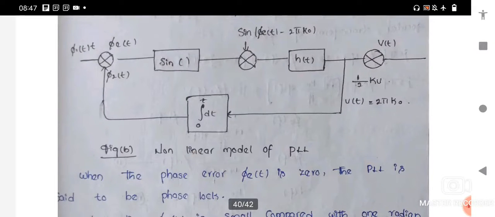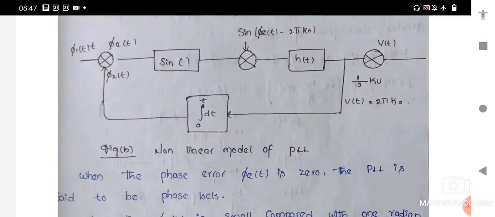Here is represented the non-linear model of PLL. The block diagram consists of the multiplier circuits and the differentiator circuits. So this block diagram represents the non-linear model of PLL. Here, one input signal is phi 1 of t and one more input signal is phi 2 of t.